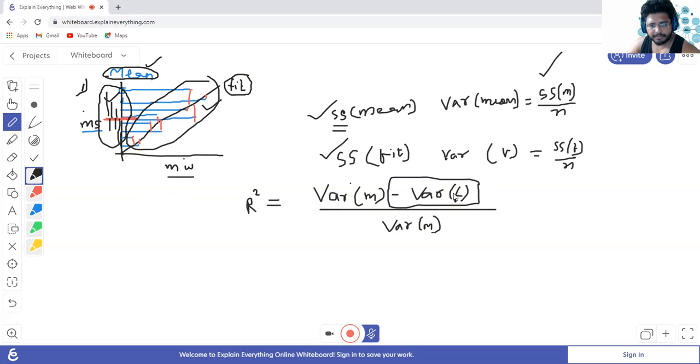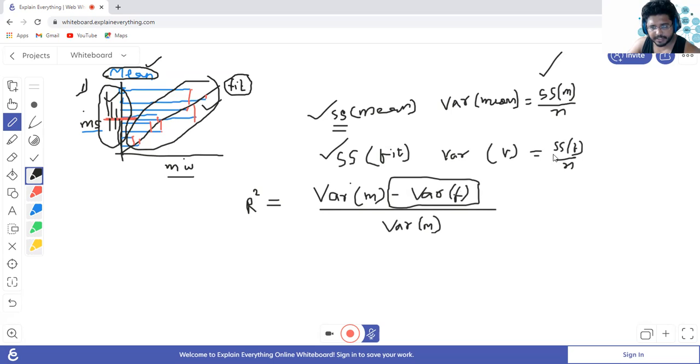So that means if where f was not there, then only where mean is there. That means with only where mean, I am not able to get the 100% confidence of prediction of the data. Now tell me, when will variation of f be 0?